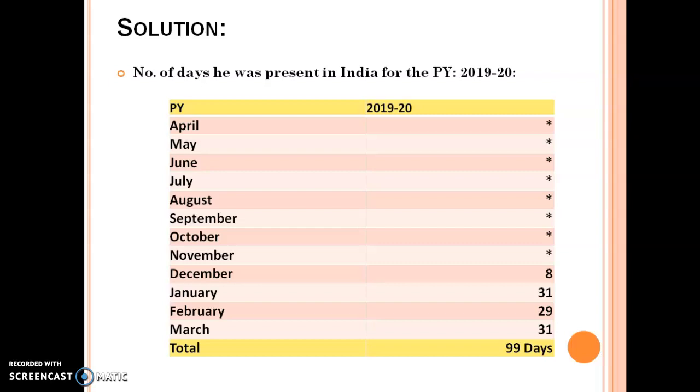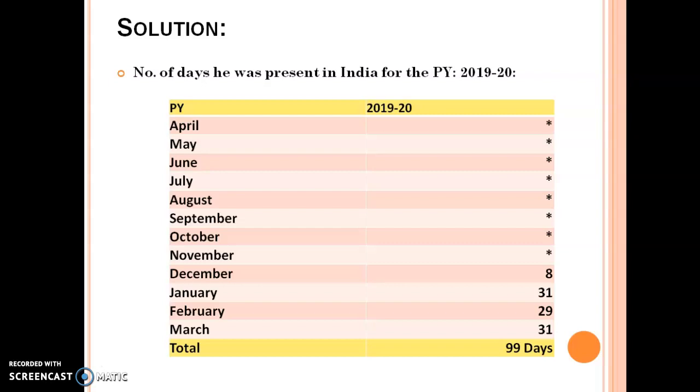But there is another alternative condition, and the condition is to be present in India for at least 60 days or more and must be in India for at least 365 days in 4 previous years preceding the related previous year.